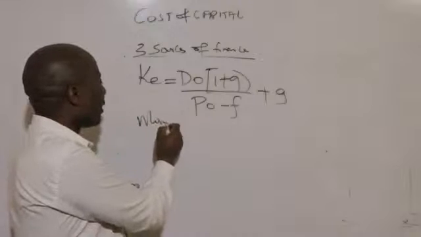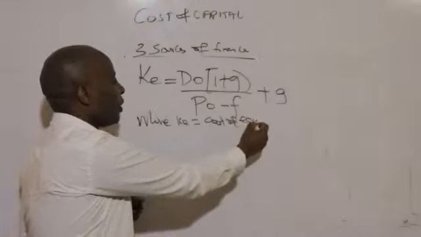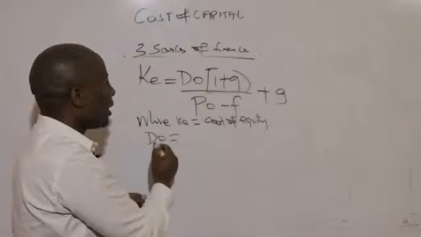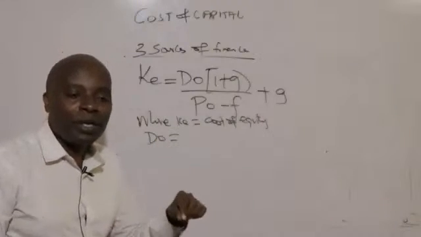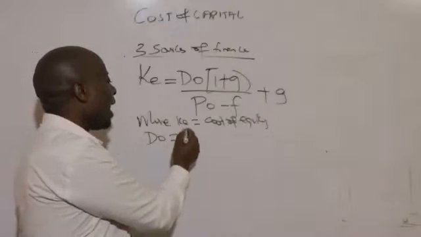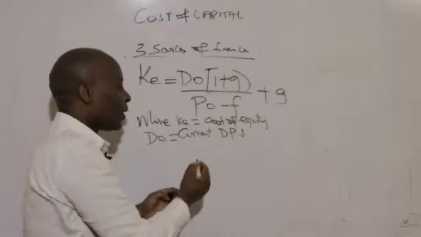Where KE stands for cost of equity. D0 stands for current dividends per share. O means today, so D0 means current dividends per share. Please write in full.